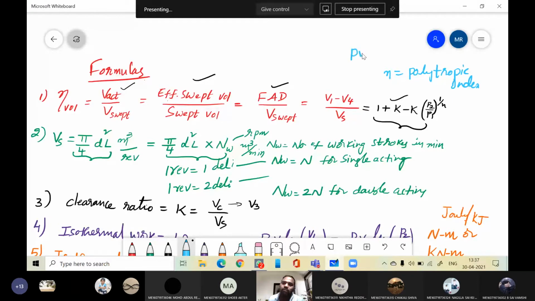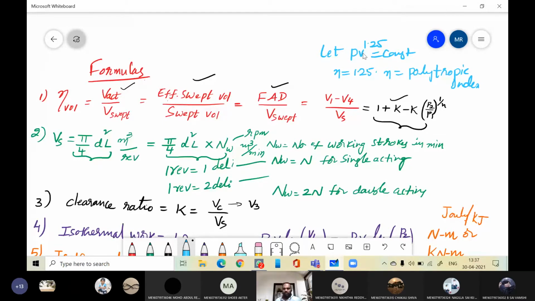Polytropic index means, according to the law PV to the power 1.25 equals constant, let us assume n is equal to 1.25. This value will always be less than 1.4. If it is 1.4, it will become an adiabatic process.